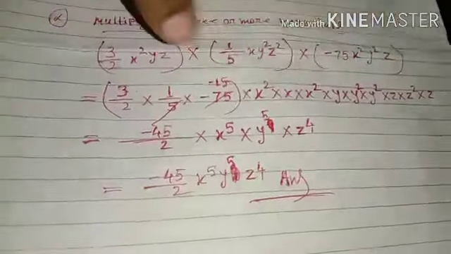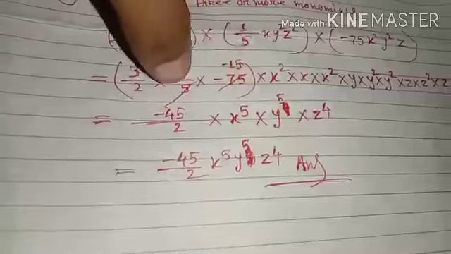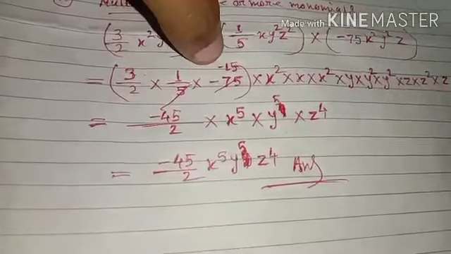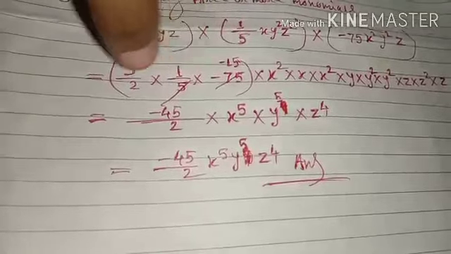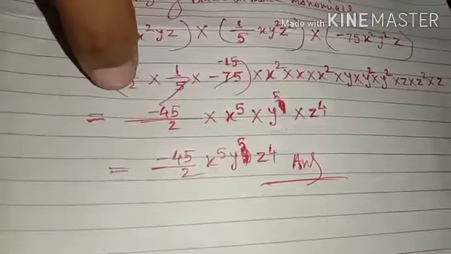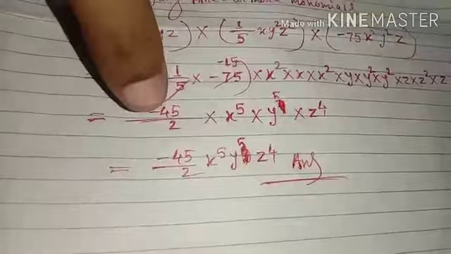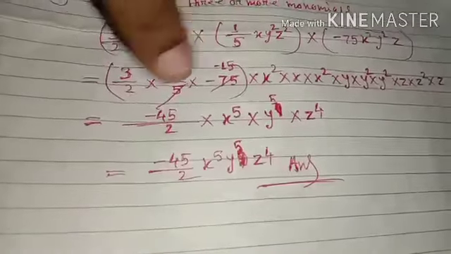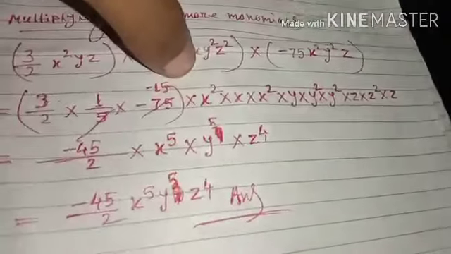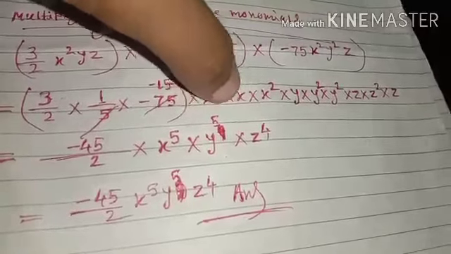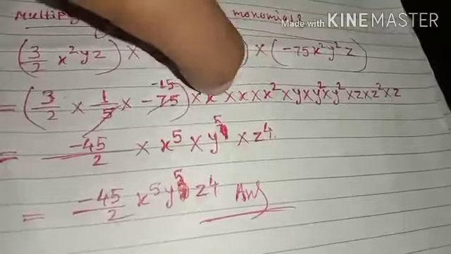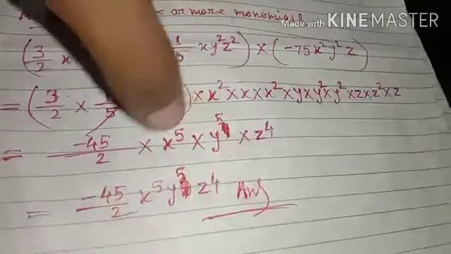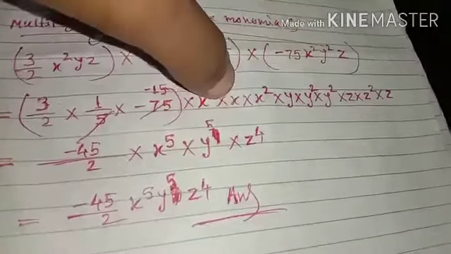Very simple. You can cut down 5 and −75 by 5, so it will be −15. So after multiplication, 3 into 3 into −15 by 2, that means −45/2 here. And here you see x² into x. x means x to the power 1 and it is x², that means total x to the power 5.